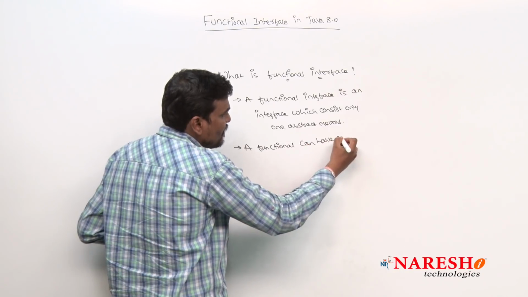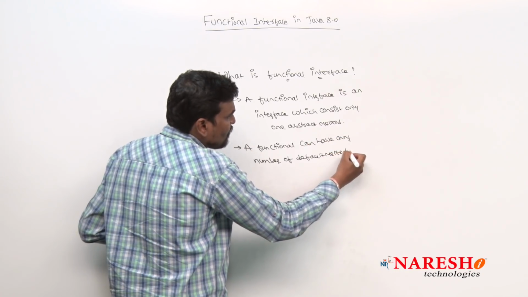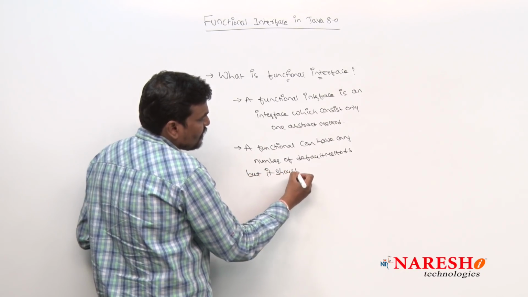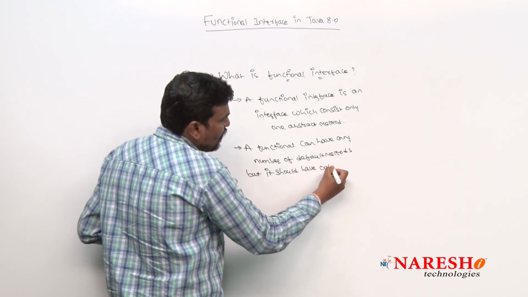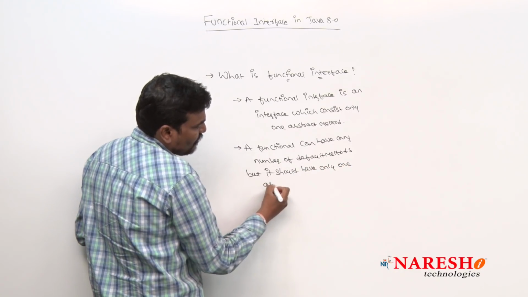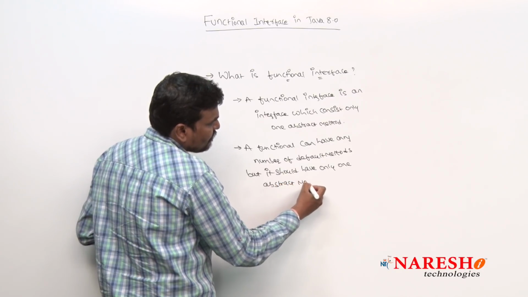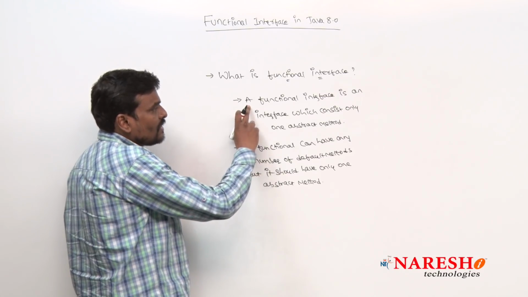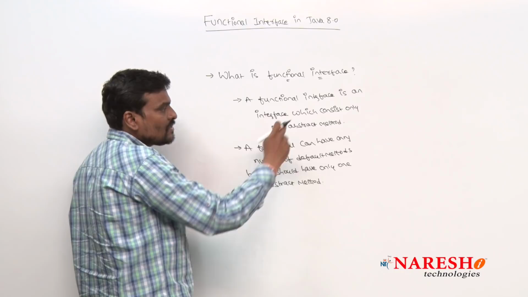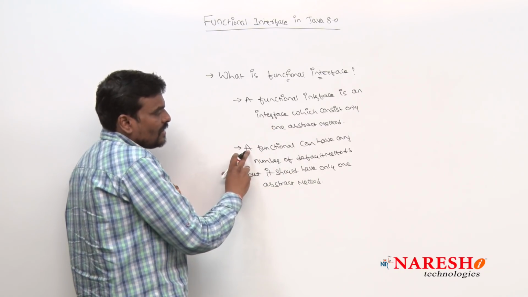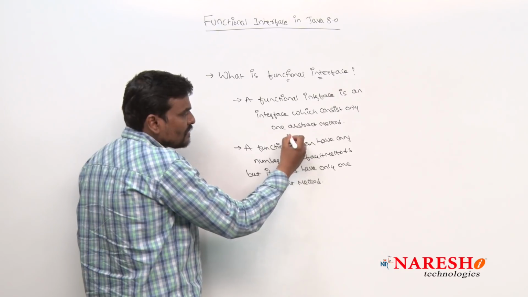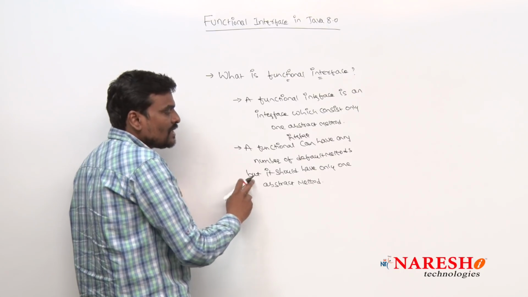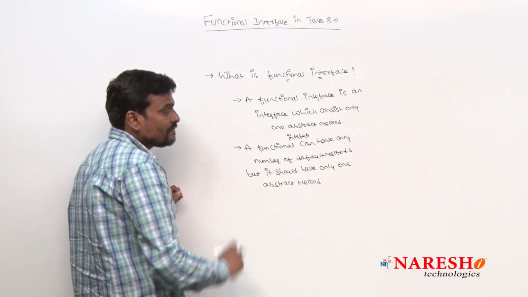A functional interface is an interface which consists of only one abstract method, and it can have any number of default methods, but it should have only one abstract method.